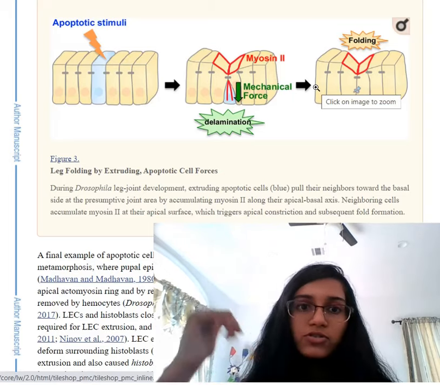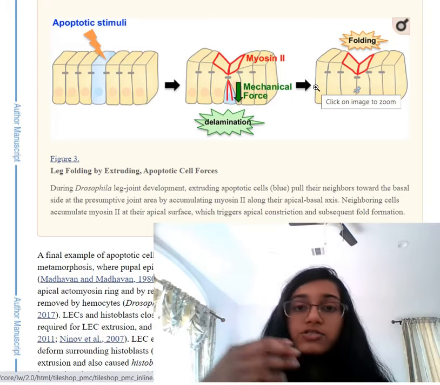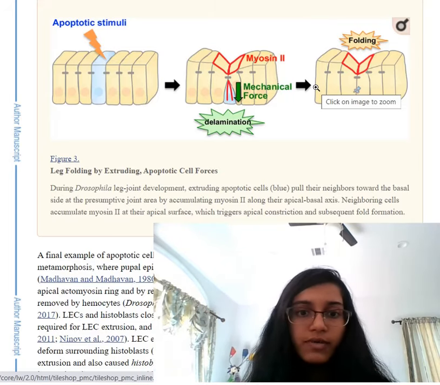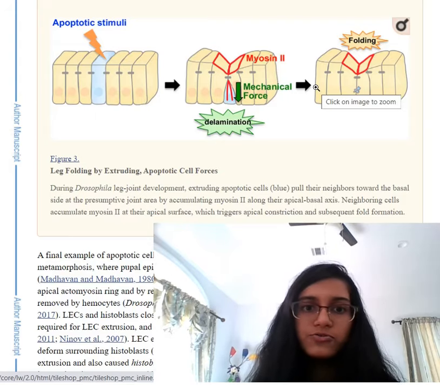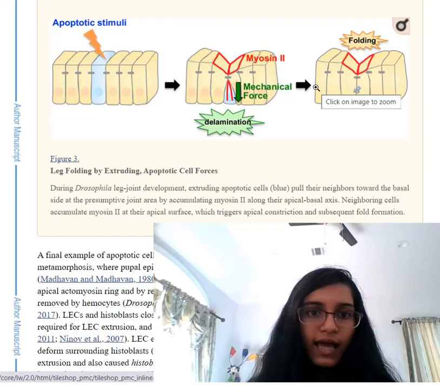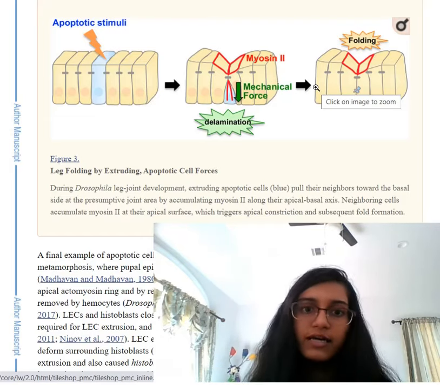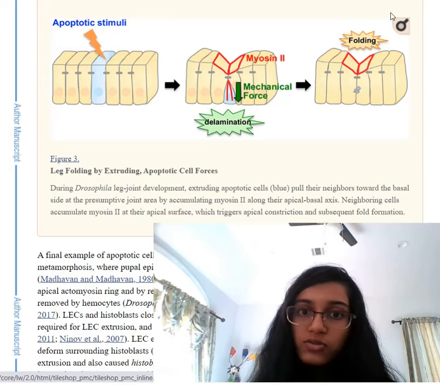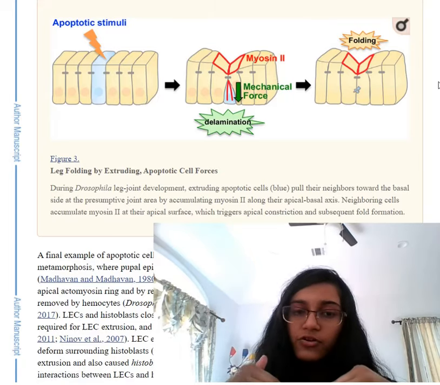It's being pushed down towards the basal side, and this is due to apical constriction. As it's pushed down towards the basal side, it undergoes cell extrusion, apoptotic cell extrusion, and that mechanical force, that stress, is applied downwards on it. This eventually leads to folding, as the neighboring cells can then join together.